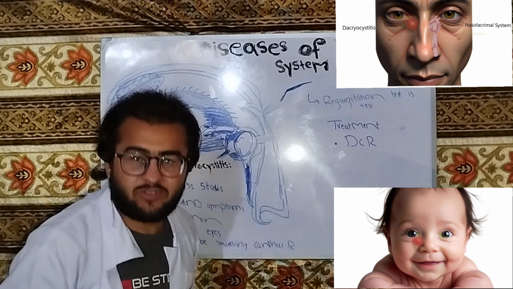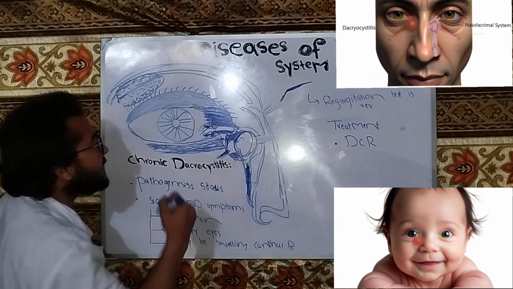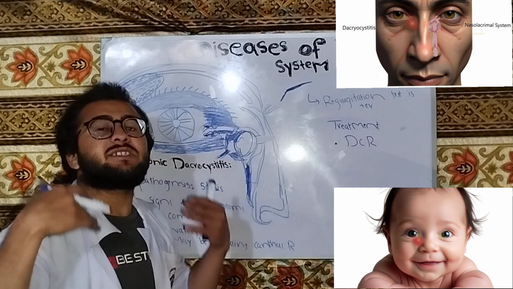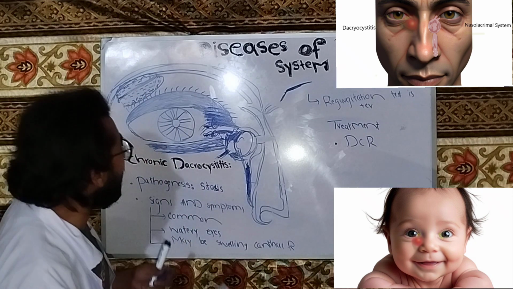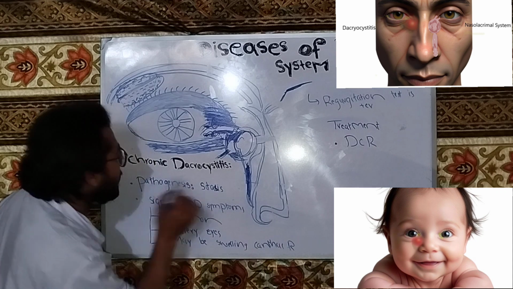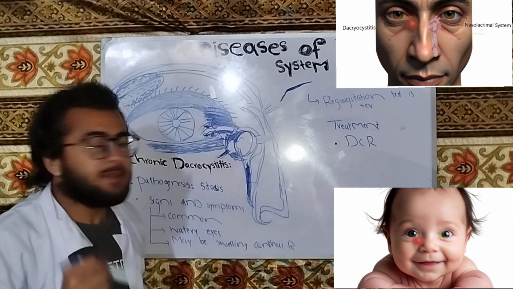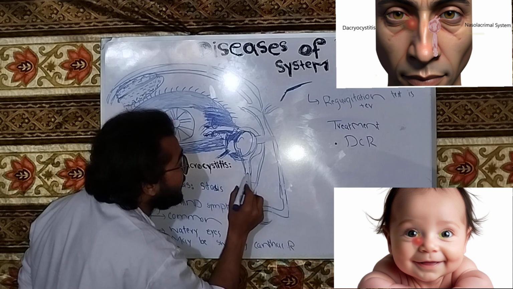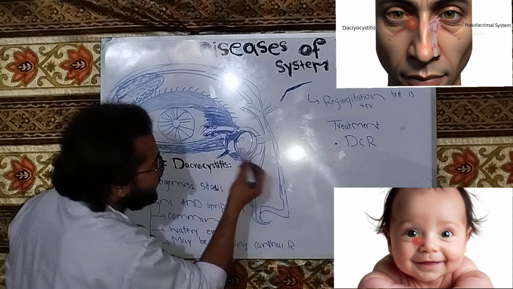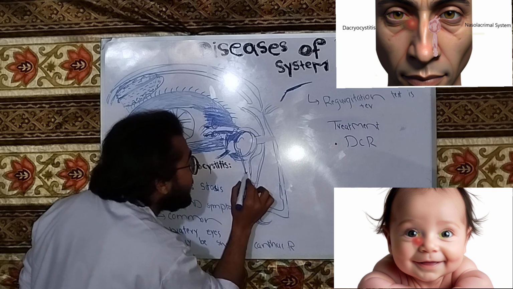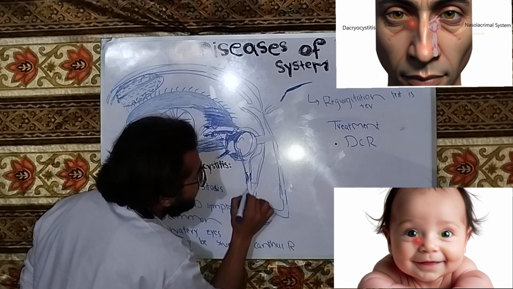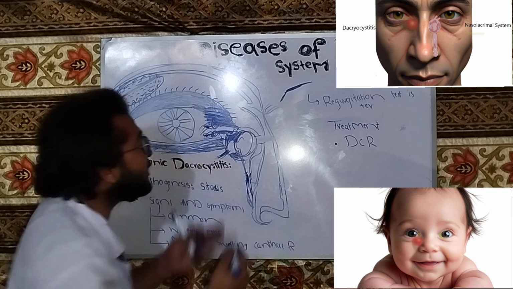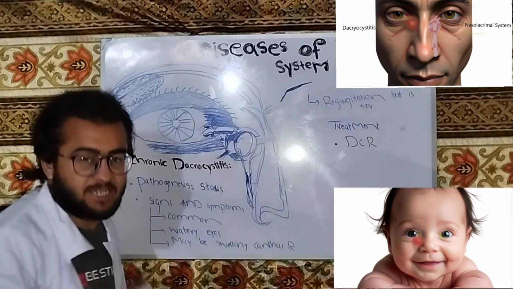Now chronic dacryocystitis. Chronic dacryocystitis, like acute dacryocystitis, is the inflammation of the lacrimal sac, but it is a chronic inflammation. Okay, so why does chronic dacryocystitis develop? This is because of impaired outflow, if there is some obstruction, or if the nasolacrimal duct or the lacrimal sac have been narrowed. So there will be impaired outflow of the tears.